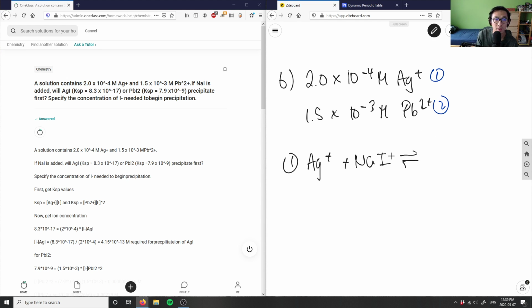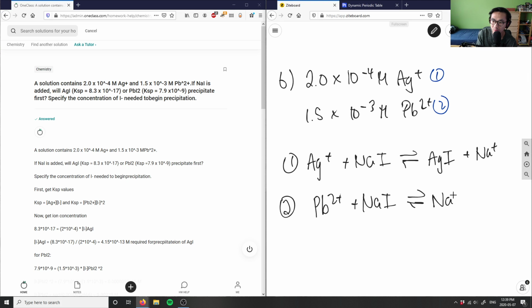It's going to replace it, and this would give AgI plus Na+. Then number 2, you would have Pb2+ and sodium iodide react to form lead iodide and Na+ here.